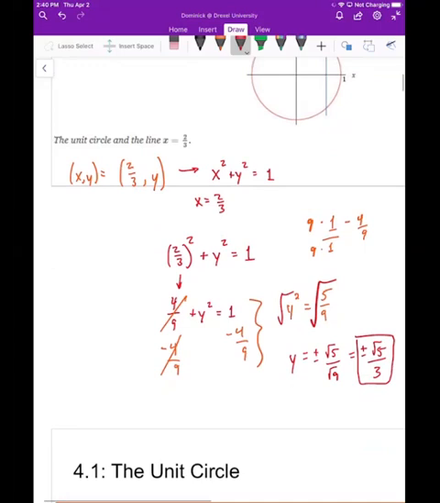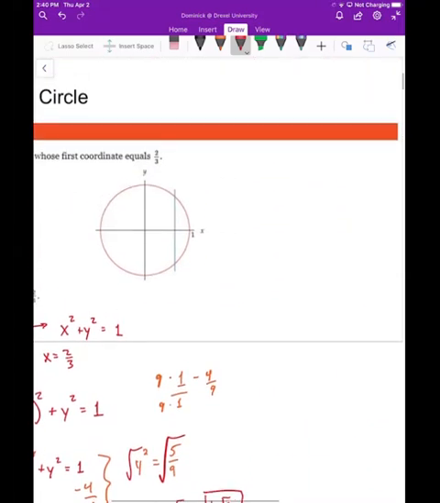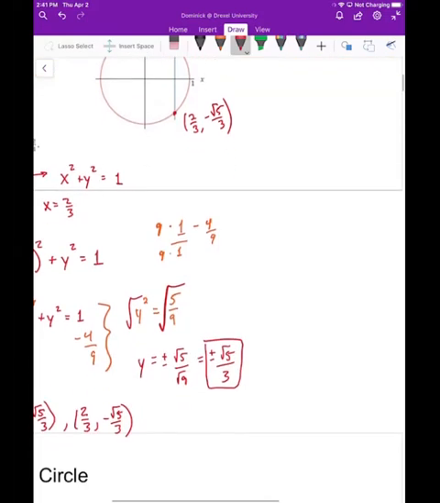So then that means that our 2 points are 2/3 comma square root of 5 over 3 and 2/3 comma negative square root of 5 over 3. This point here is 2/3, positive square root of 5 over 3, and this would be 2/3, negative square root of 5 over 3. So those are the first 2 points.